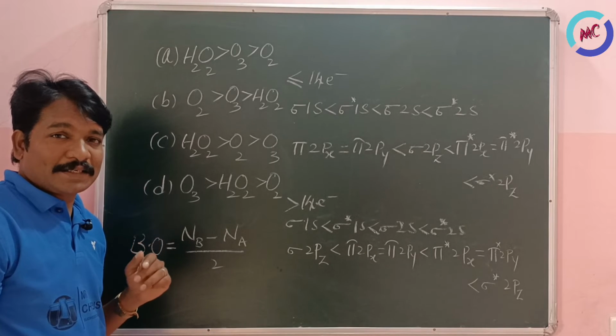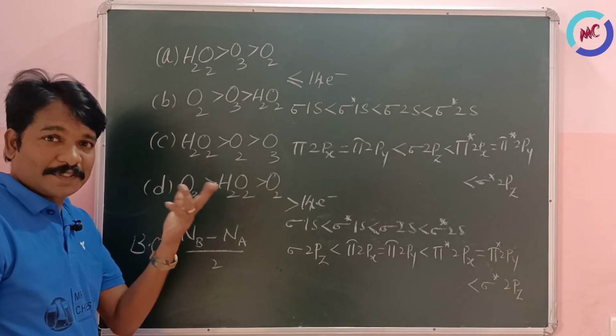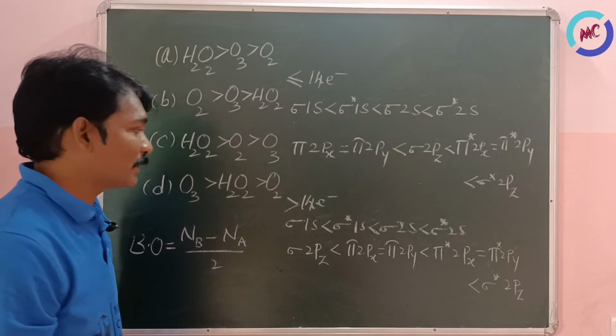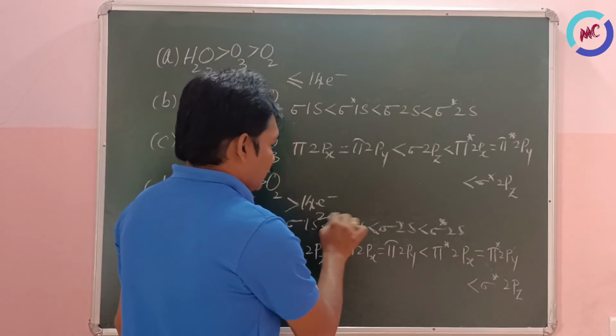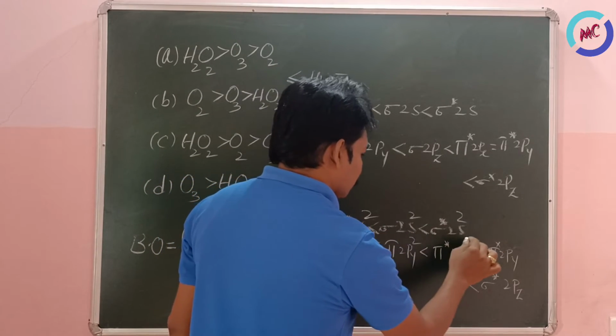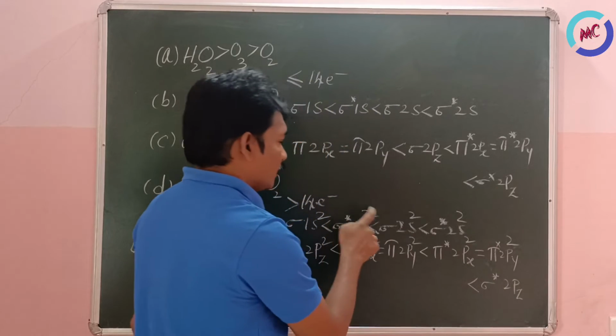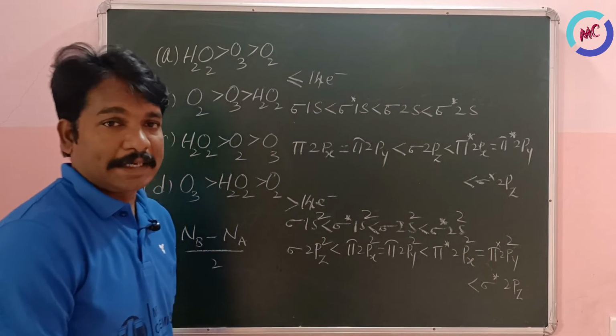H2O2, in the sense, how many electrons are there? O2 has 16 electrons, H2O2 is 16 plus 2, that is 18 electrons. With 18 electrons, we have to use this one. One, two, three, 4, 5, 6, 7, 8, 9 twos are 18 electrons.